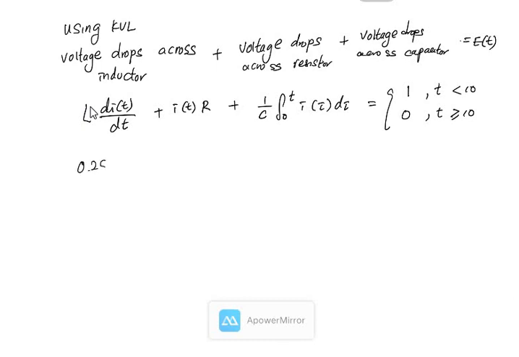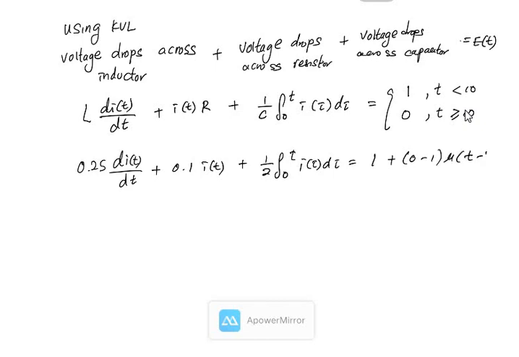So 0.25 di/dt plus 0.1 i(t), plus 1 over 2 times the integral of i(tau) d tau, equal to, and this one we can refer to the step function to get the unit step function. That is 1 plus 0 minus 1 u(t minus 10).